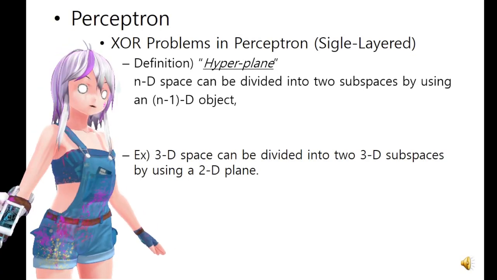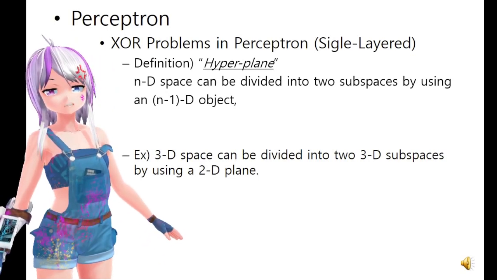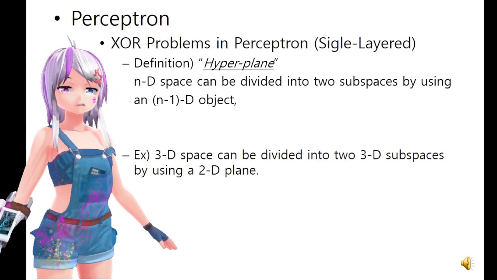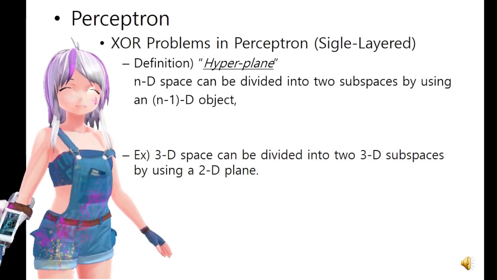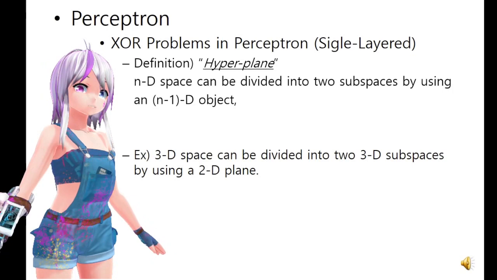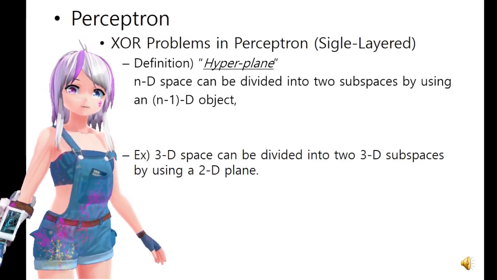They are the same terms actually, and they divide the space into two subspaces, capital P or capital N. An n-dimensional space can be divided into two subspaces by using an (n-1)-dimensional object.